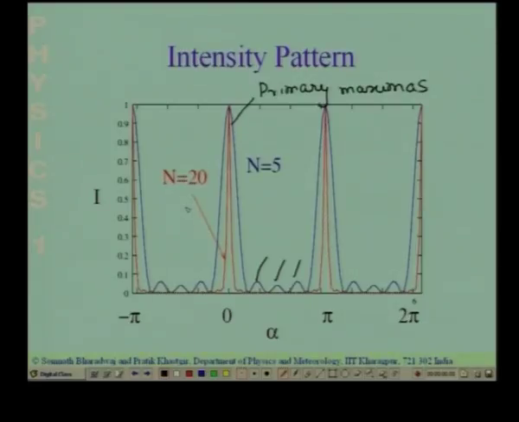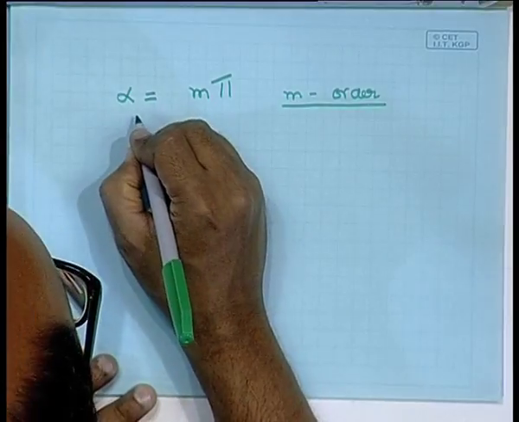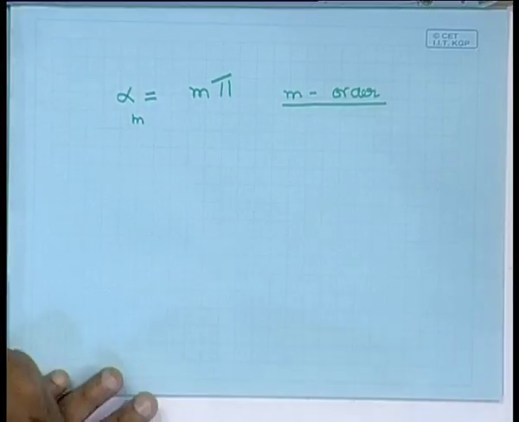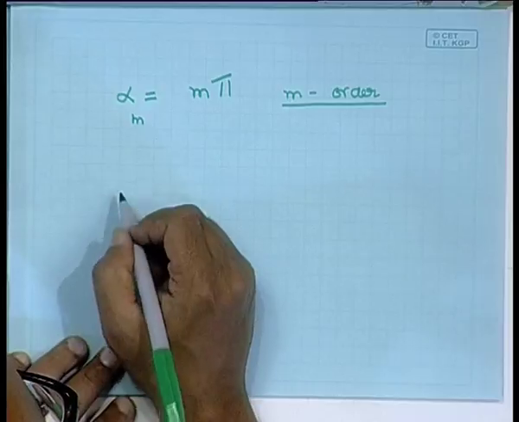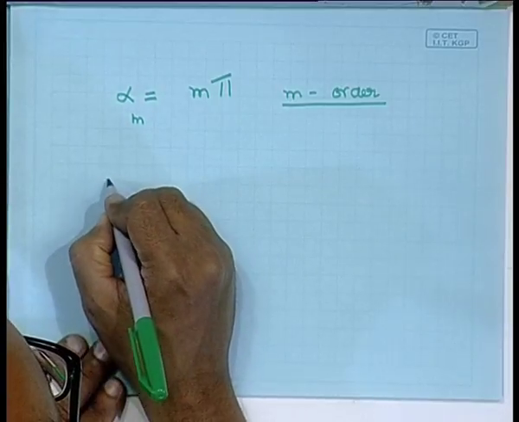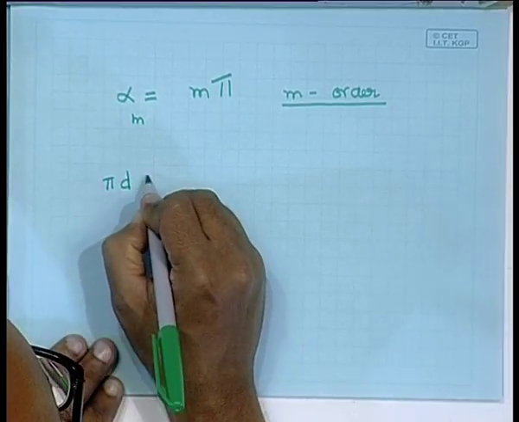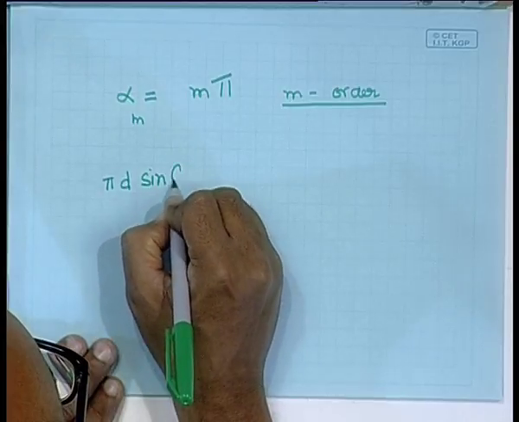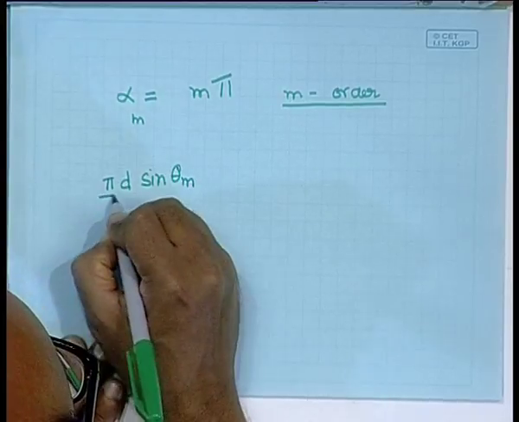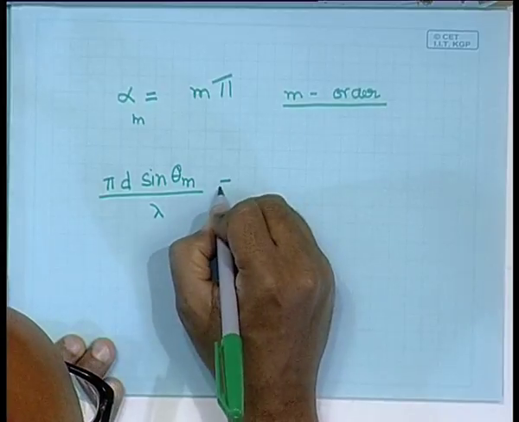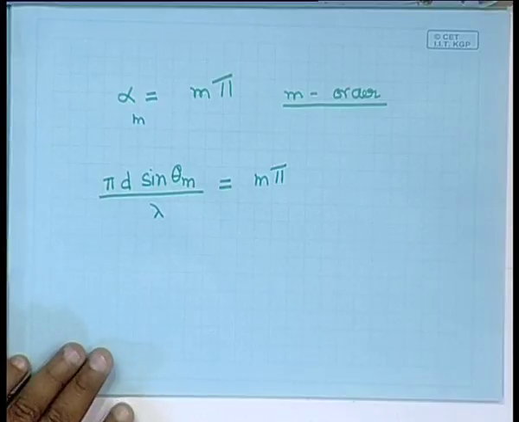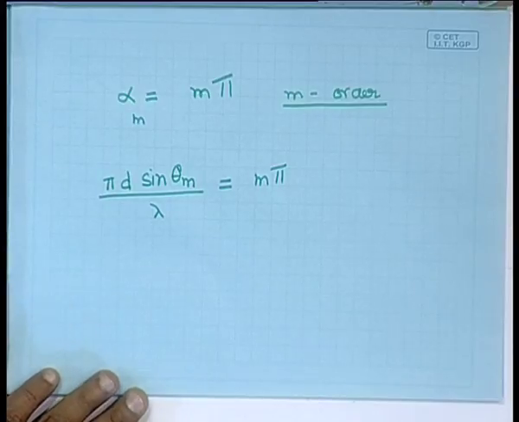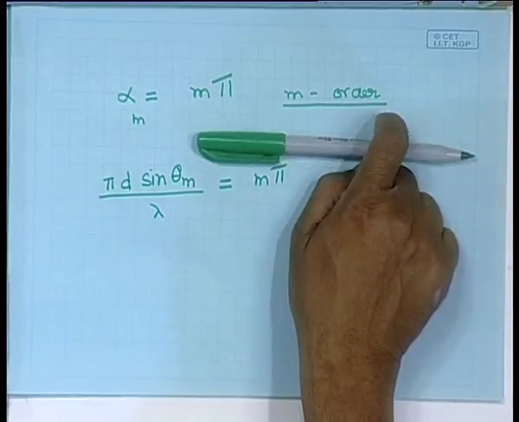So, this is the value of alpha corresponding to the mth order primary maxima. Let me call it alpha m, and alpha we know is pi d sine theta. So, the corresponding angle would be theta m. m equal to 0 corresponds to theta equal to 0.